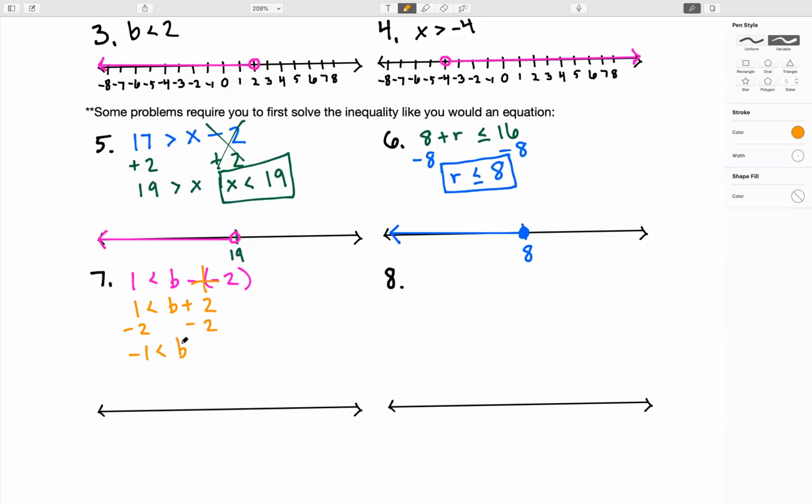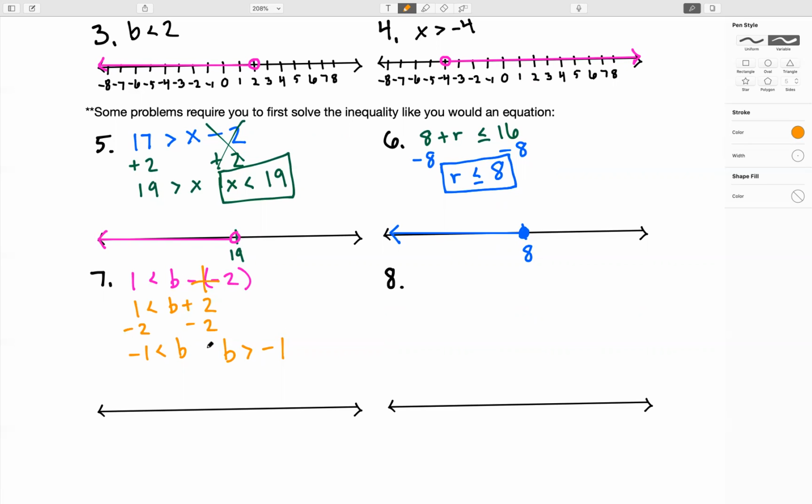However, I want b to be on the left side, so I want it to be where the -1 is. What I'm going to have to do is flip it around. But if I do that, I'm going to have to make sure that I also flip my inequality sign, because that's the relationship. B is greater than -1. -1 is less than b.